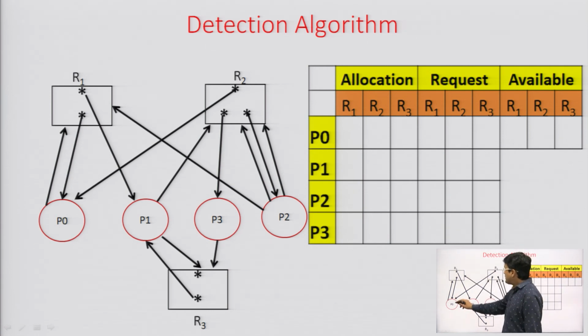For the P0 process, 1 unit of R1 is allocated. For the P0 process, 1 unit of R2 is also allocated. For the P0 process, no unit of R3 is allocated. And what is the request? The P0 process is requesting 1 unit of R1 and none else, so it will be 1, 0 and 0.